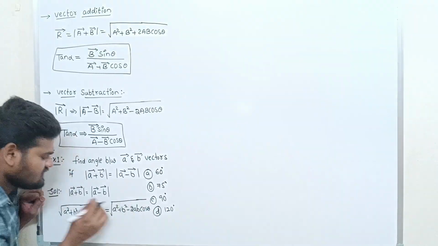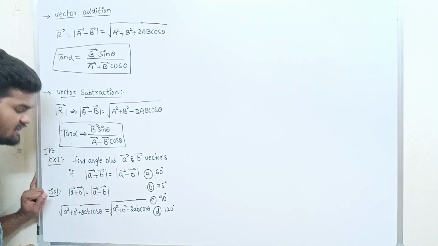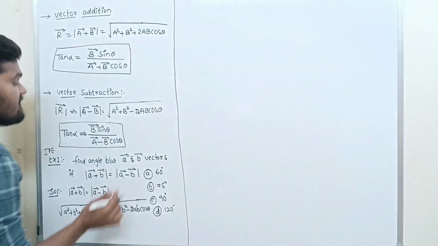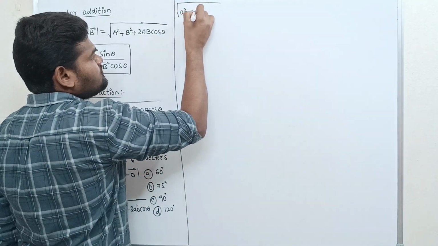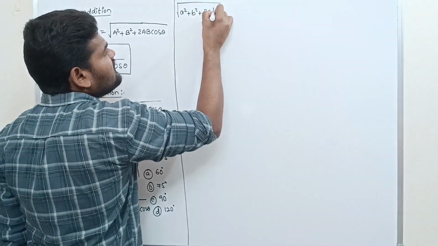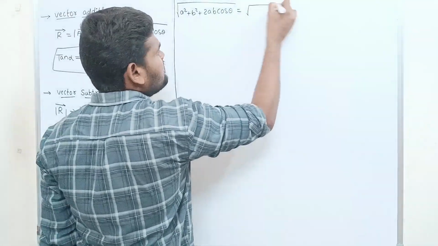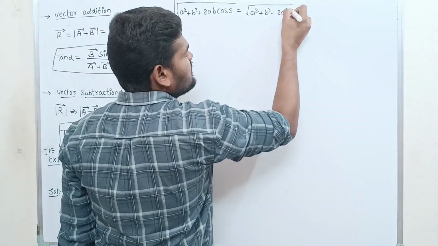Are you getting it? This is the addition of the two vectors and this is the subtraction of the two vectors. So I am taking these two equations: the square root of a square plus b square plus 2ab cos theta is equal to the square root of a square plus b square minus 2ab cos theta.